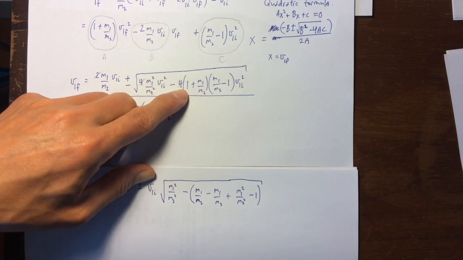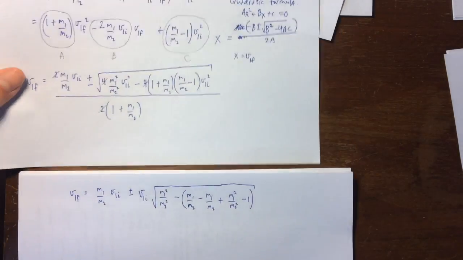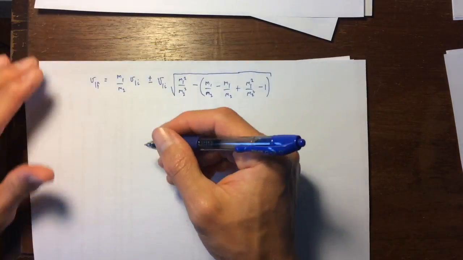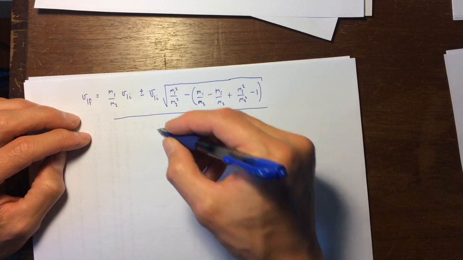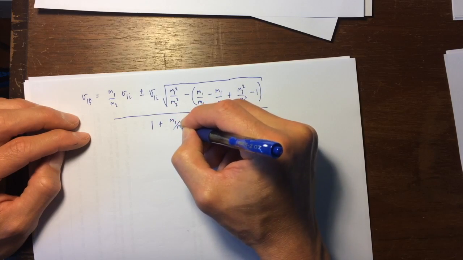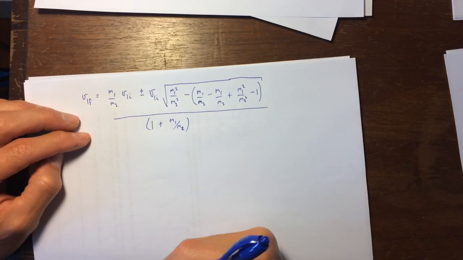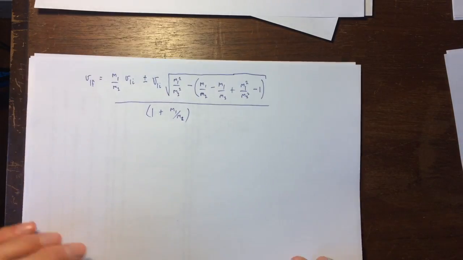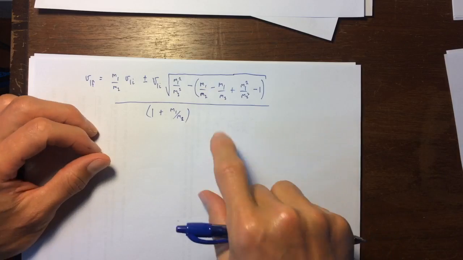All inside that parentheses, inside the square root. And then everything gets divided by 1 plus m1 over m2. So I'm still working, a little bit more to go.